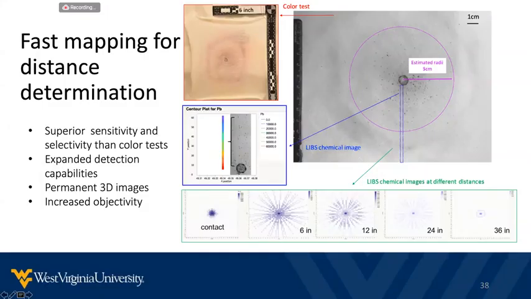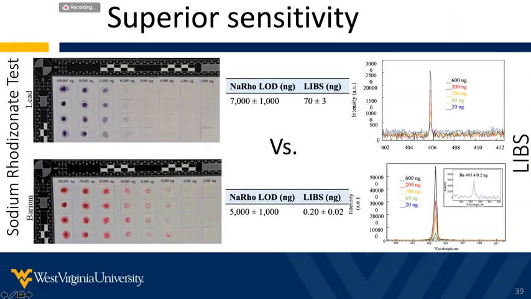The advantage of this method is that it provides superior sensitivity and selectivity than color tests, and also increases the objectivity in the estimation of the shooting distance. For example, LIPS is several orders of magnitude more sensitive than the color test sodium rhodizonate.